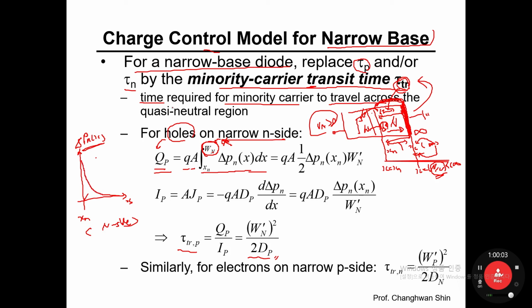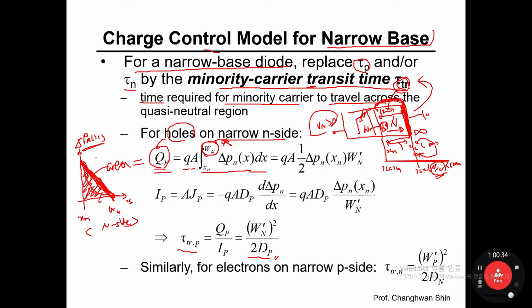However, for a narrow base, this curve becomes linear, as we learned in the previous movie clip. And here the edge is Wn.